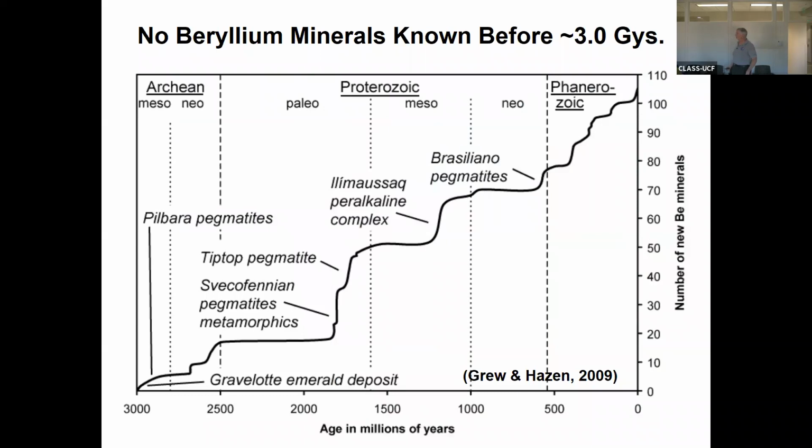Basically had no beryllium minerals before 3 billion years ago. Concentration, thanks to plate tectonics and continental collision, allowed you to diversify the minerals that were based on beryllium.